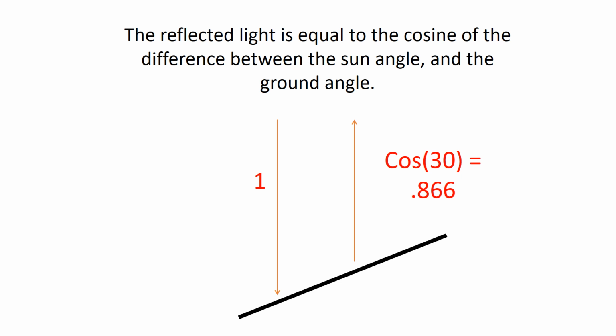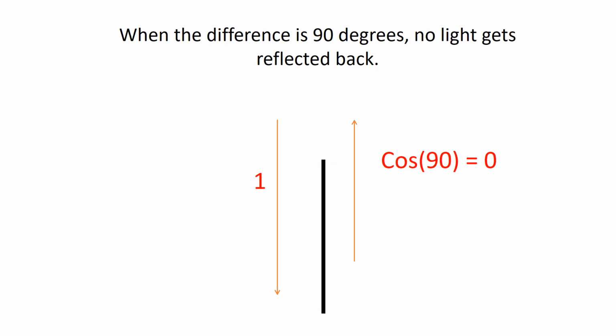Well, it turns out that the reflected light, at least under these assumptions, is going to be equal to the cosine of the difference between the sun angle and the ground angle. If we're looking at a slope of 30 degrees, then it's the cosine of 30 degrees, 0.866. So a lot of it, right, is coming back, but not all of it. And of course, as the ground surface gets steeper and steeper, we could imagine that as it gets to a slope of 90 degrees, or completely vertical, then none of the light is going to get reflected back, right?